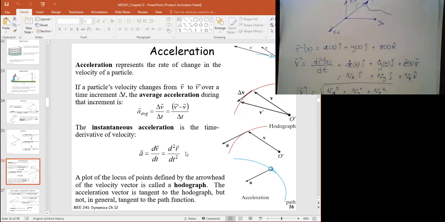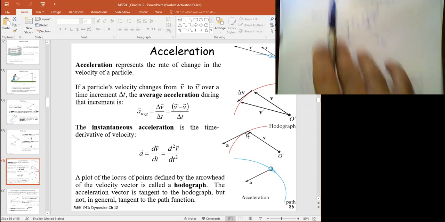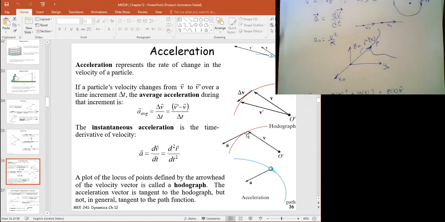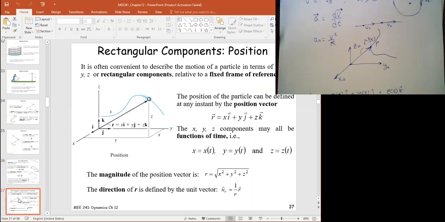We're going to look into more detail on this later. But again, the acceleration will have two components. Why? Because the acceleration is the rate of change of the velocity vector, and that velocity vector might be increasing or decreasing along the trajectory, but it will also be changing direction. So we'll have two components for this acceleration vector, okay?